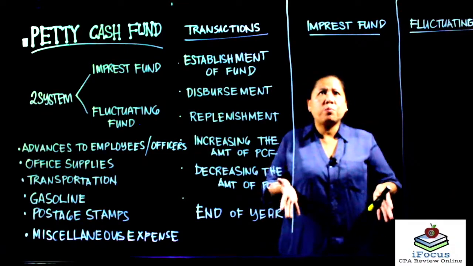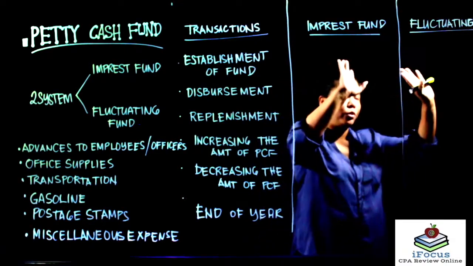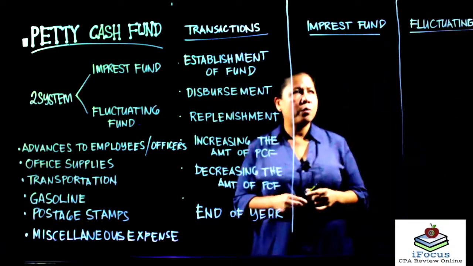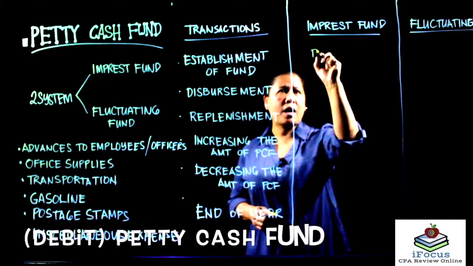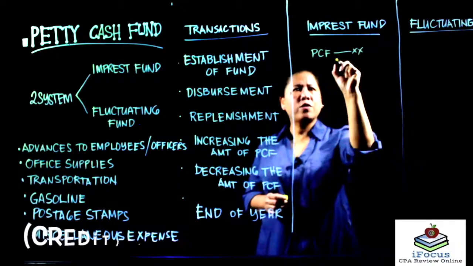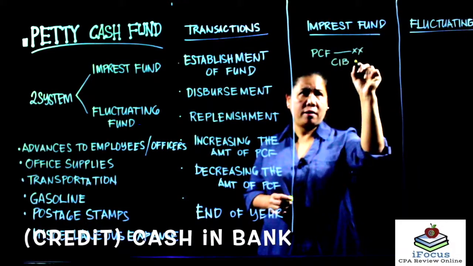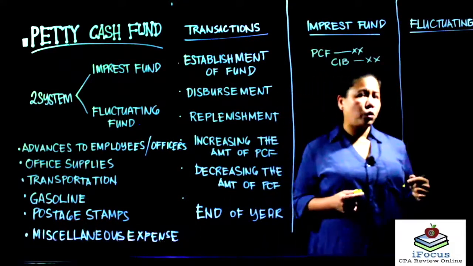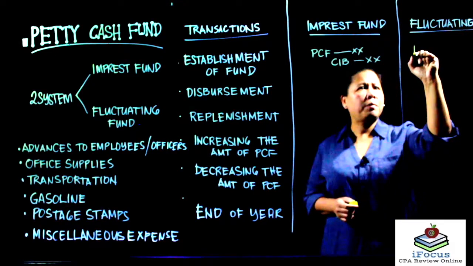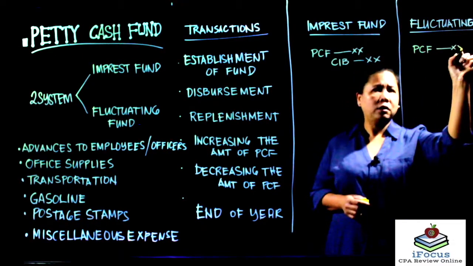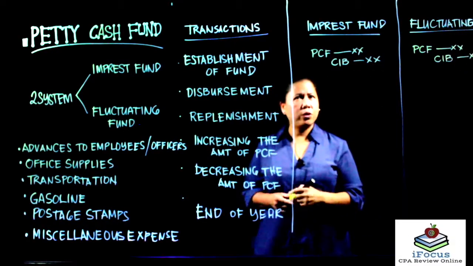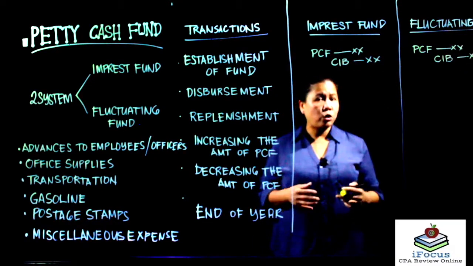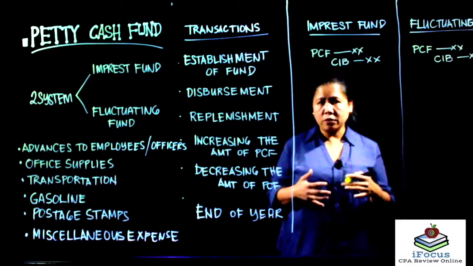Whether we use imprest fund system or fluctuating fund system, our journal entry is the same. Our entry will be debit to petty cash fund and credit to cash in bank. The same with the fluctuating fund system, we debit petty cash fund and we credit cash in bank. So whether you use imprest fund system or fluctuating fund system, your entry will be the same.